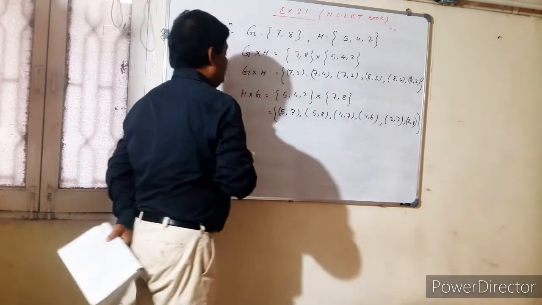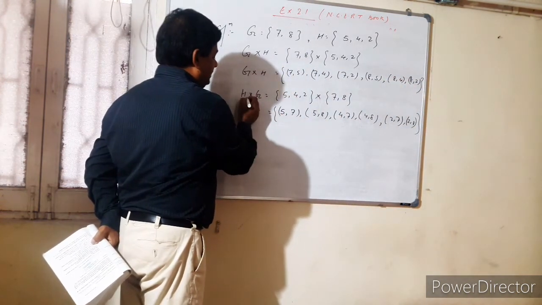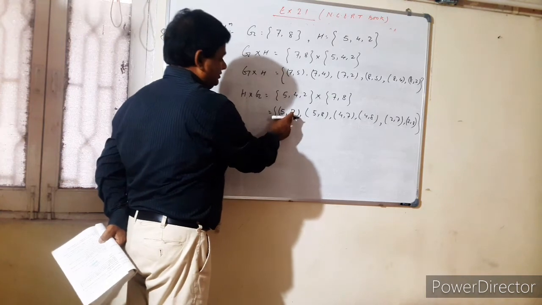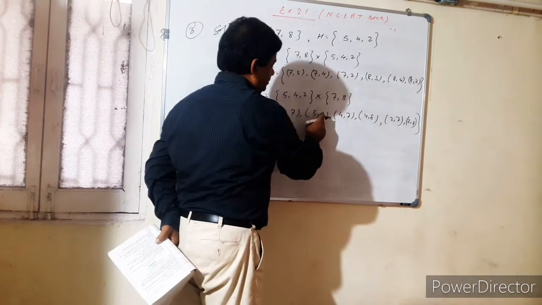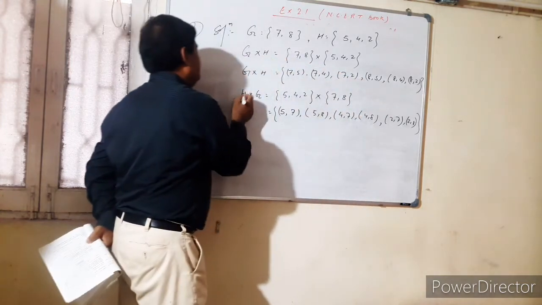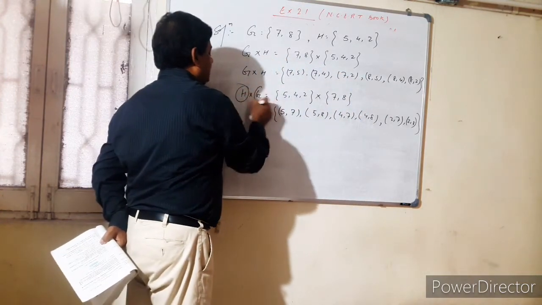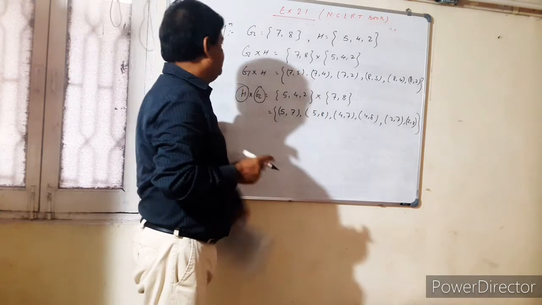So it means 5 belongs to H and 7 belongs to G. Similarly 5 belongs to H, 8 belongs to G.